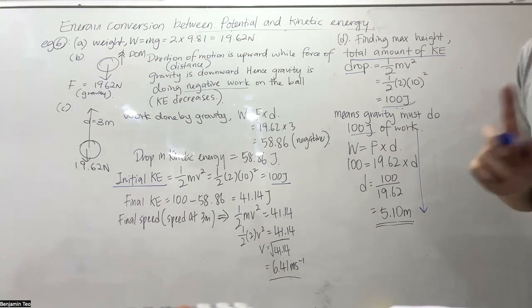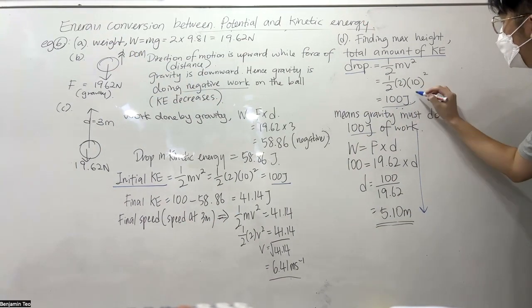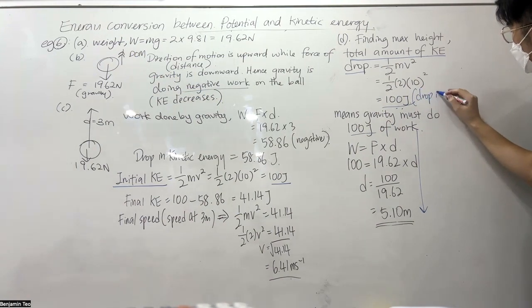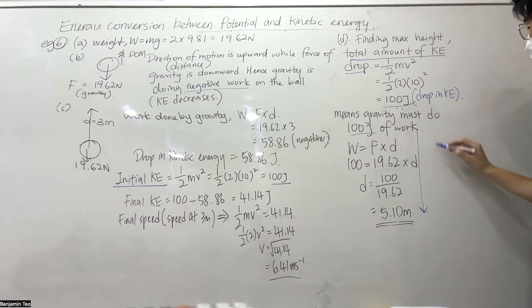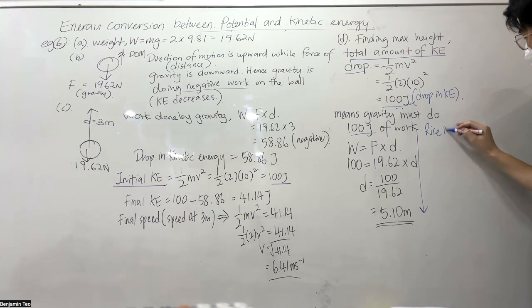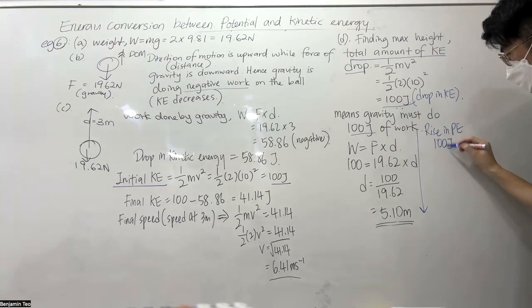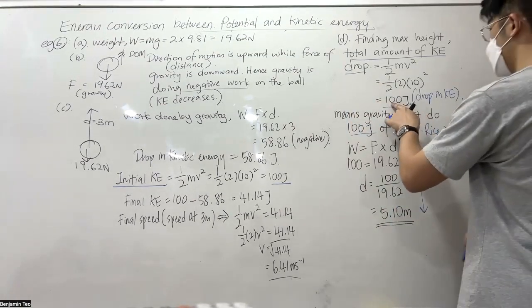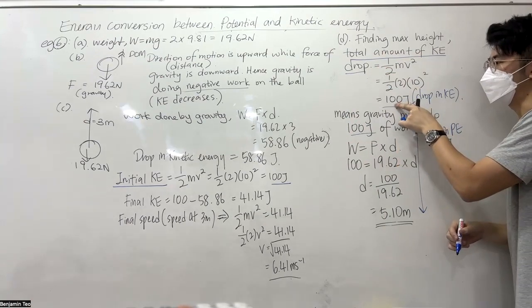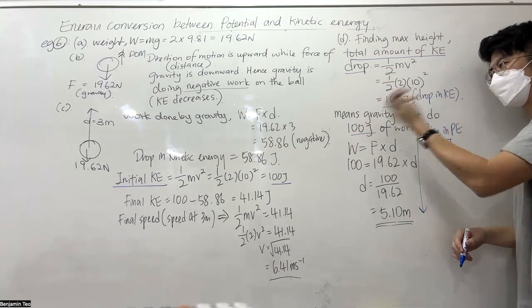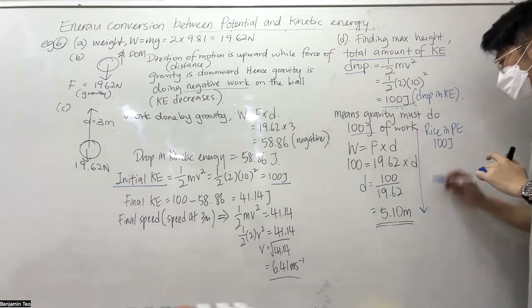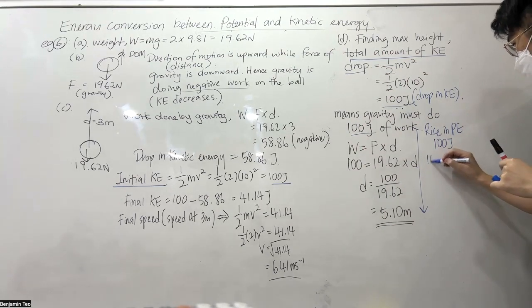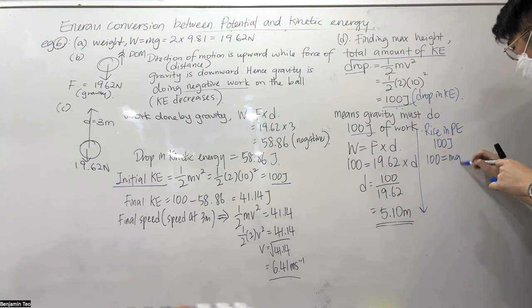Another way you can do is, this is the drop in KE, right? What about the rise in PE? Also 100. Just now you learned that one. If total drop in KE is 100, where does it go? It goes to the PE. The PE 100 equals mgh.